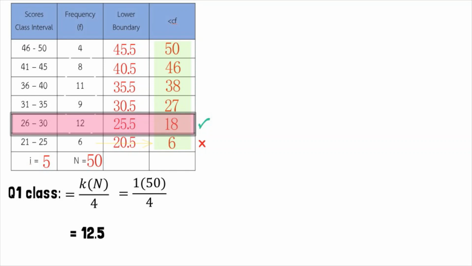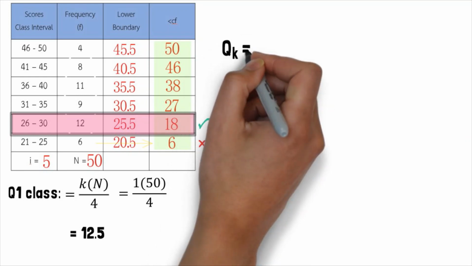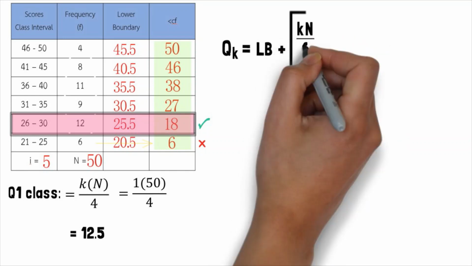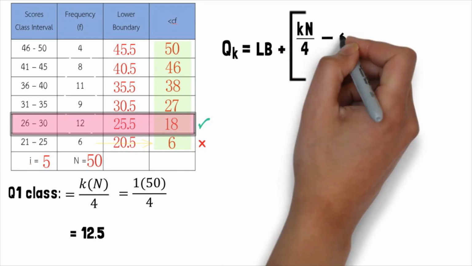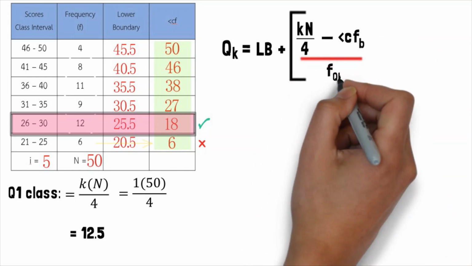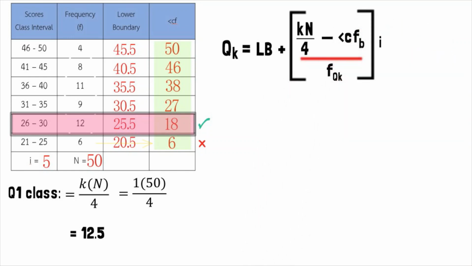So after nating ma-determine ang ating Q sub 1 class, we will now use our formula for the quartile for the group data, which is Q sub k is equal to lower boundary plus the quantity k times n divided by 4 minus the less than cumulative frequency below divided by the frequency times the interval.